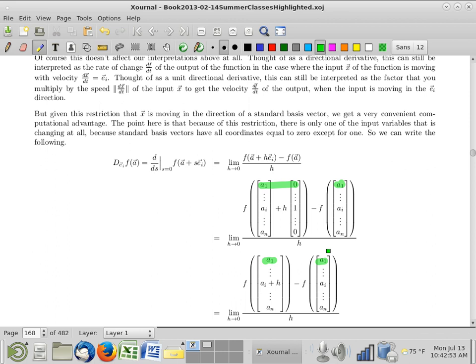Okay. So said differently, the first variable, for the purposes of doing this calculation, where we have not only a unit vector, but a standard basis vector, is constant throughout the entire process. As h approaches 0, that first variable is not changing at all. It is behaving as a constant.